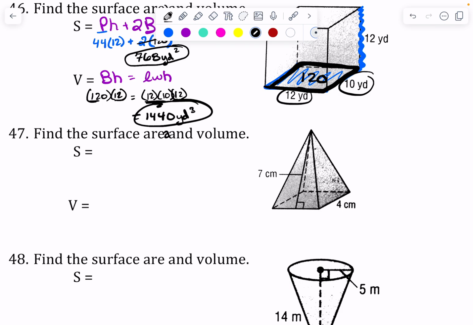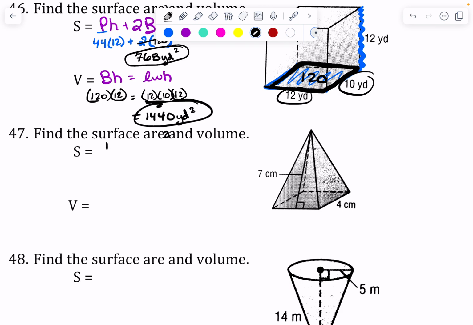Chapter 10. Nope. Here we go. Pyramid. Okay. All right, yeah, I'm glad I looked this one up.